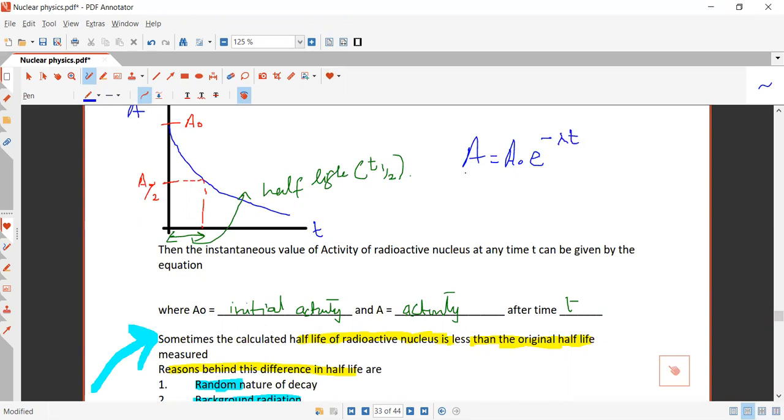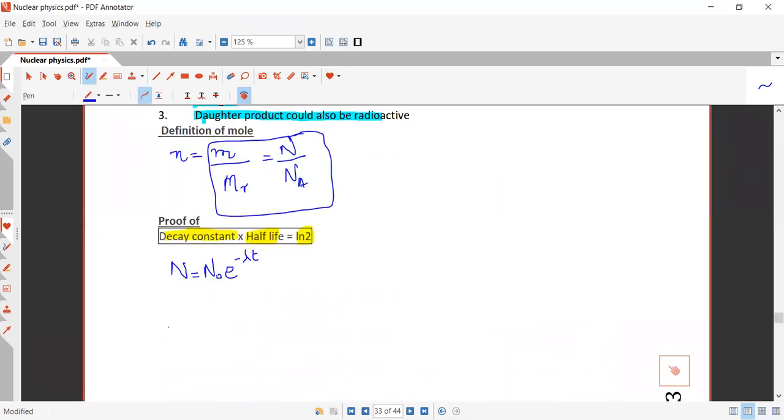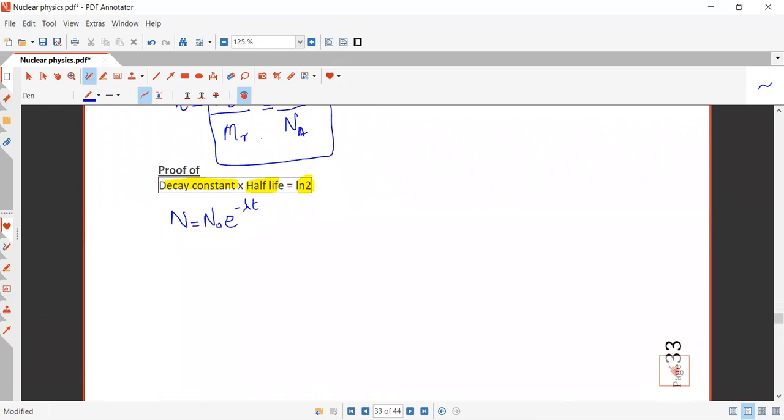Same graph with just the variable changing from N to A. Now you know that when the number of nuclei N becomes half of the initial number of nuclei, then the time is called the half-life, right?